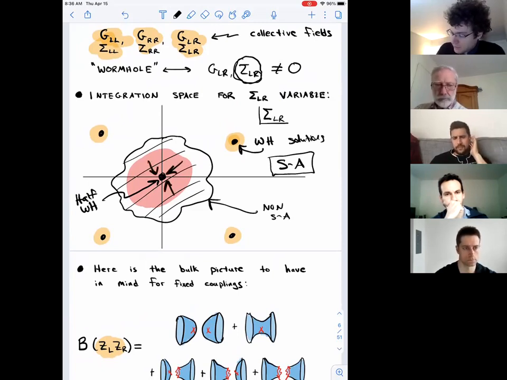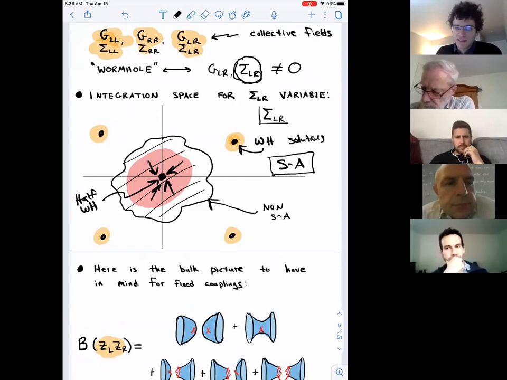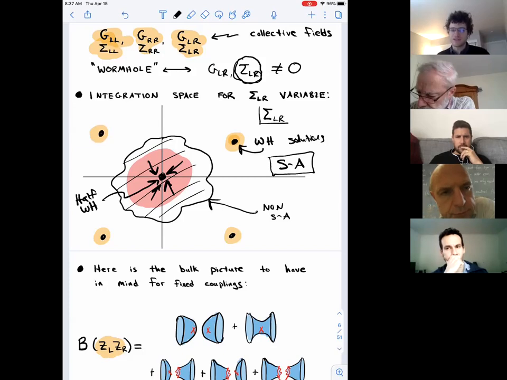This is a saddle point of that theory. And it's not a saddle point of the theory when you average over the couplings. It's a saddle point of the theory when you fix the couplings. So it's a new saddle point that appears when you fix the couplings. And its contribution depends very strongly on the couplings. And it averages to 0.